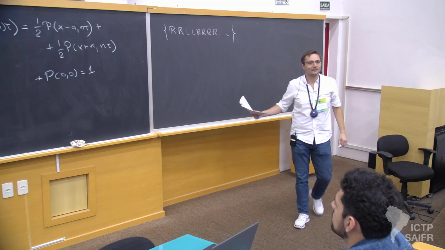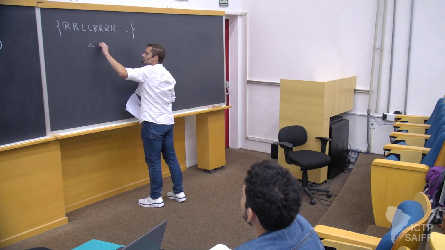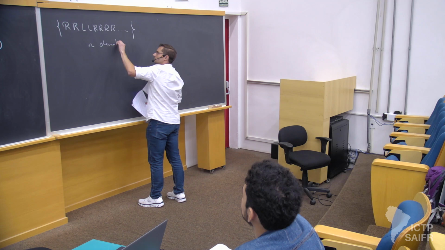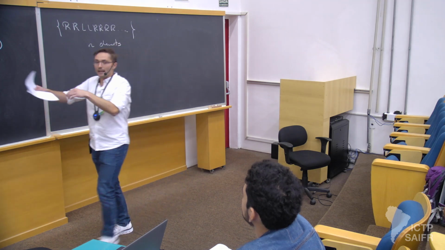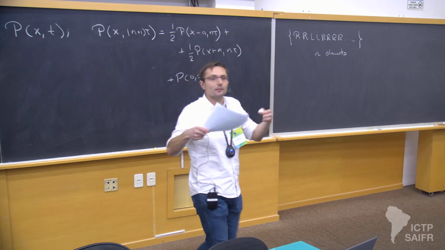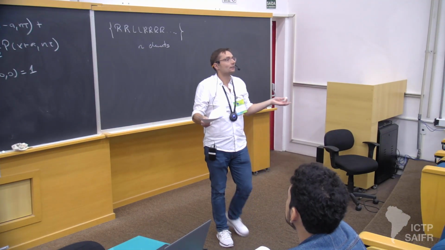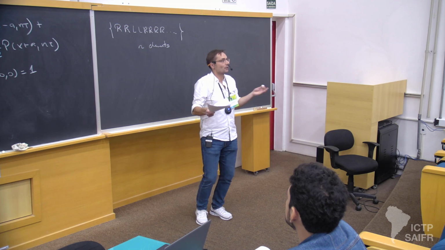This looks like the outcome of some elections. And in here I have n elements, because I've done n jumps, and I'm interested in computing the probability that my particle is at a given node after n jumps.